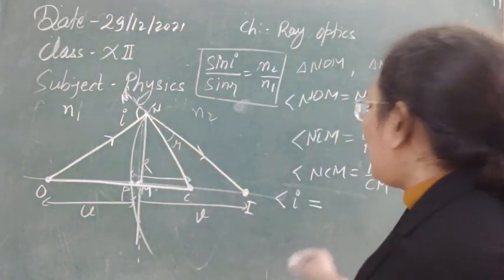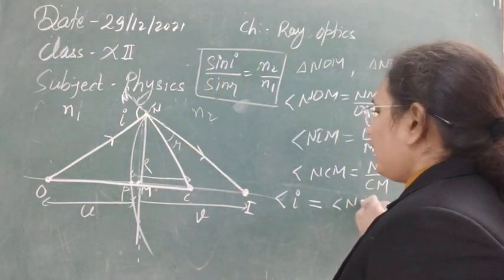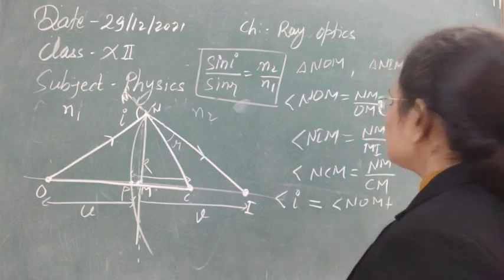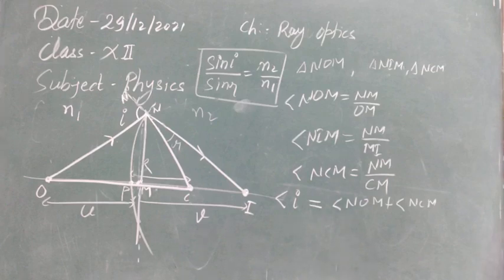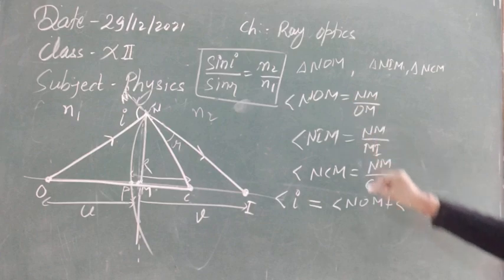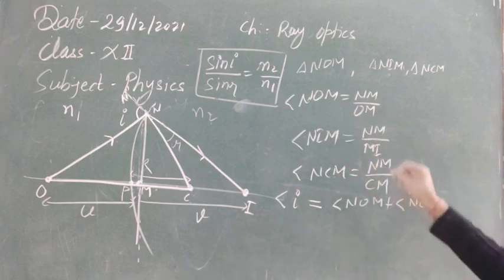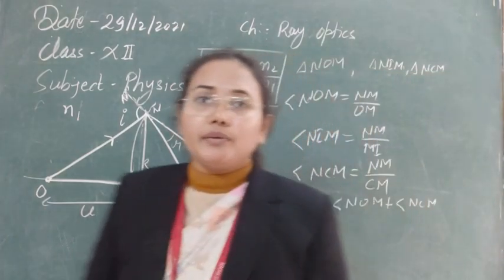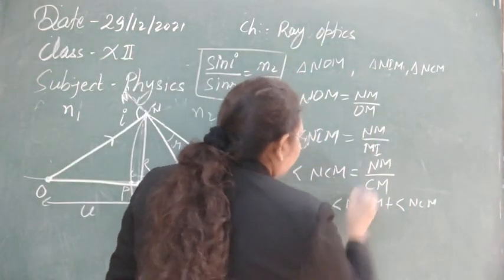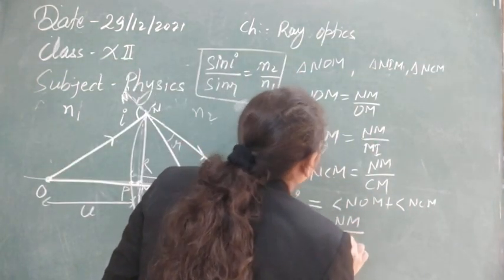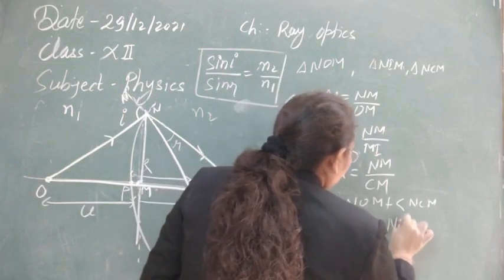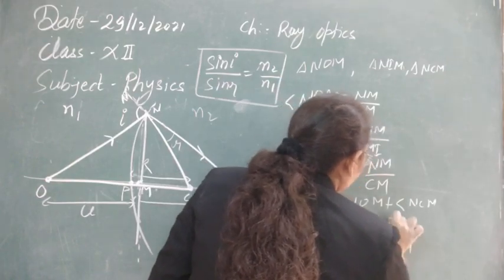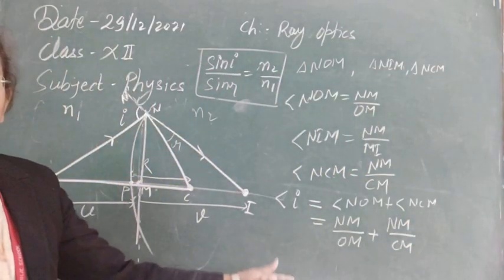So angle I will be equal to angle NOM plus angle NCM. We have the values of angle NOM and NCM from the angles that we have written before. So angle NOM will be NM upon OM, plus angle NCM will have the value NM upon CM. So this is now the value of I.